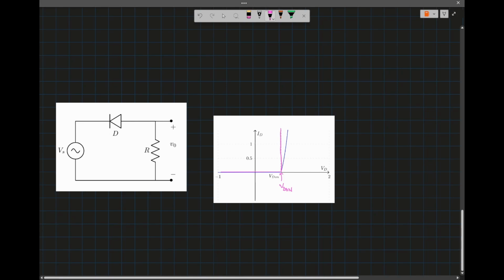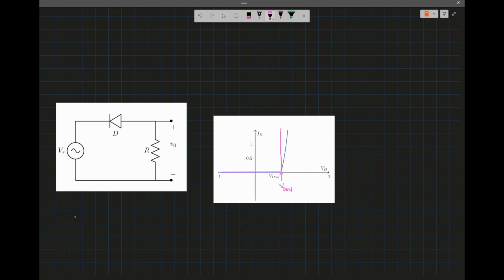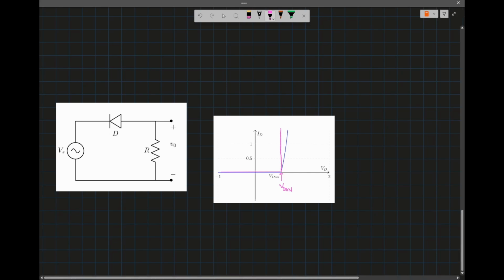So in this case, I should put the polarity as this.